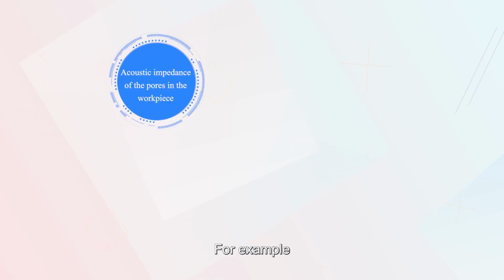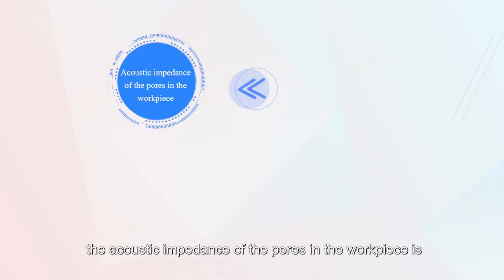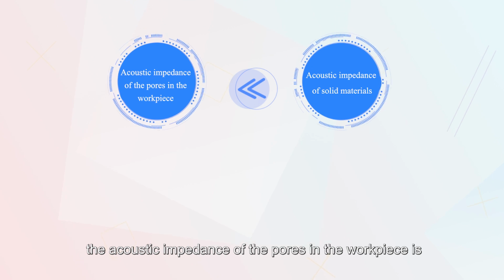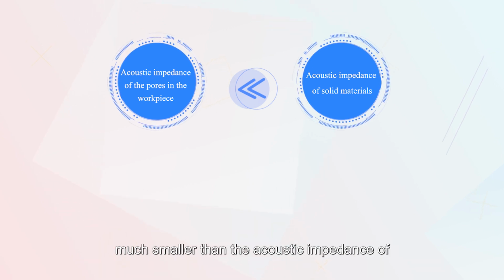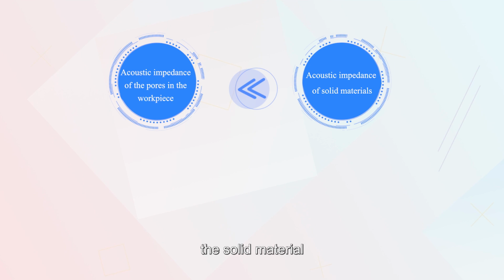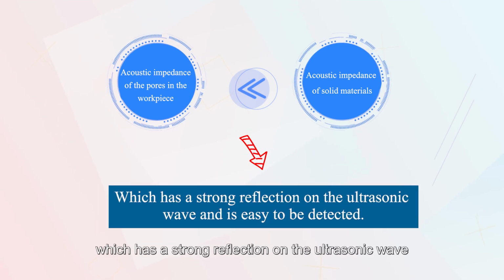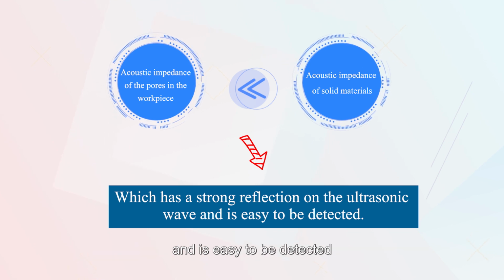For example, the acoustic impedance of the pores in the workpiece is much smaller than the acoustic impedance of the solid material, which has a strong reflection on the ultrasonic wave and is easy to be detected.